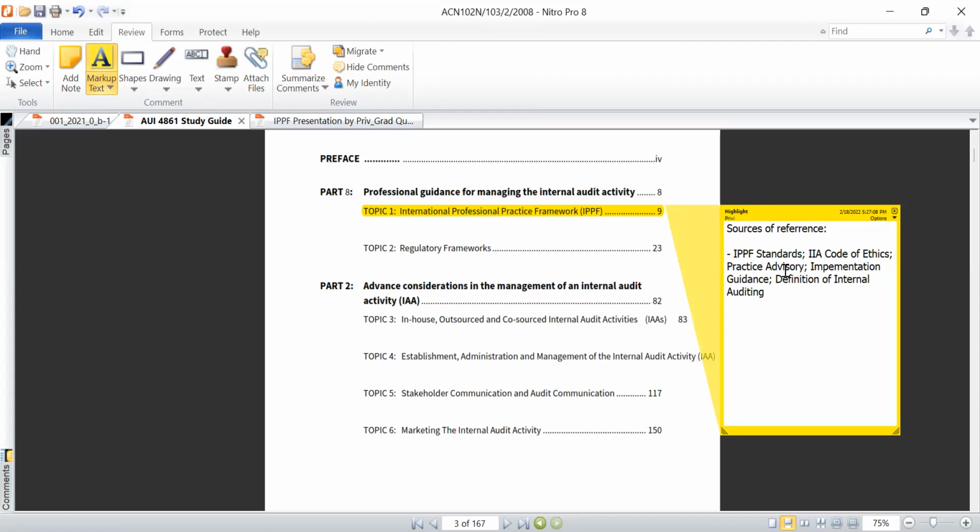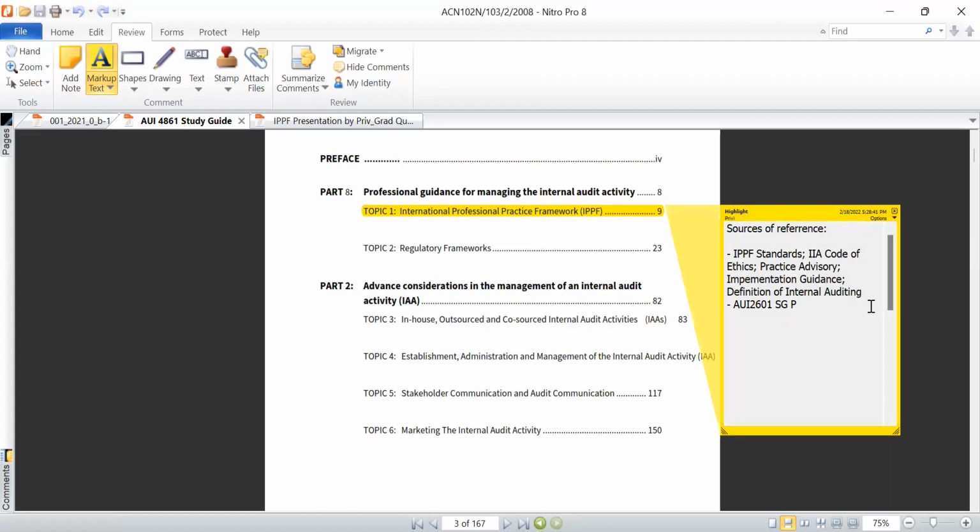So in essence, the IPPF framework is made up of these, and for study materials, you need to look into your AUI 2601 study guide. It nicely summarizes most of the aforementioned sources of reference as outlined.